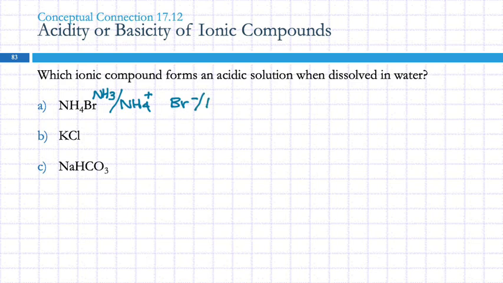That's going to be neutral because that is the conjugate base of a strong acid. This one's strong, so that one gets canceled. Can't do anything. So here, this is going to act as a weak acid. So that solution will be acidic.